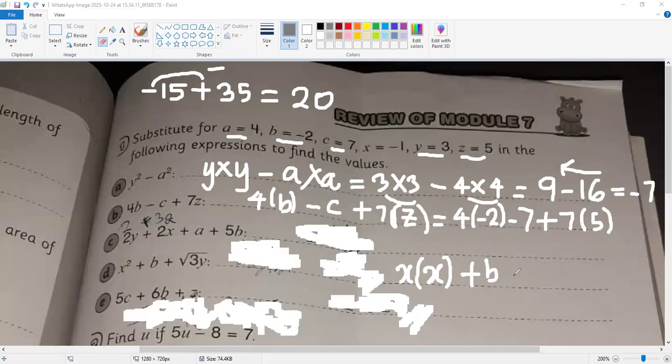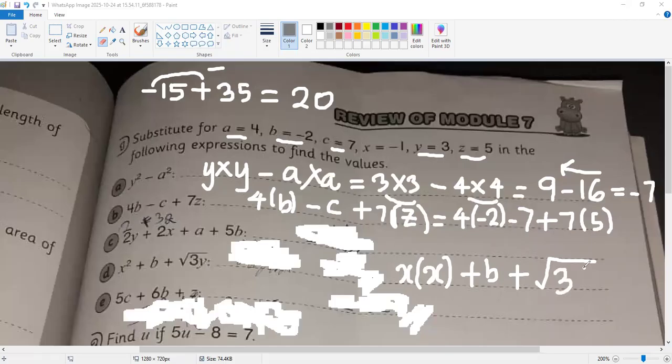Now, learners, you realize that before I started substituting, I had to resimplify in this wise. X squared, I made it to be x times x expanded, just like I did in number 1A. Y squared is y times y. So you have to expand. Do you get that?